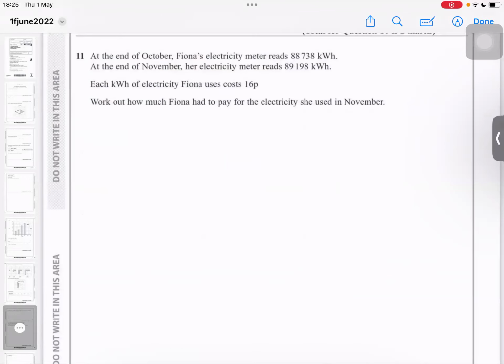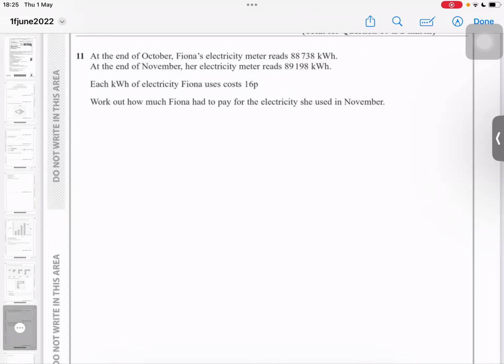The next question says, at the end of October, Fiona's electricity meter read 88,738 kilowatt hours. At the end of November, her electricity meter reads 89,198 kilowatt hours.